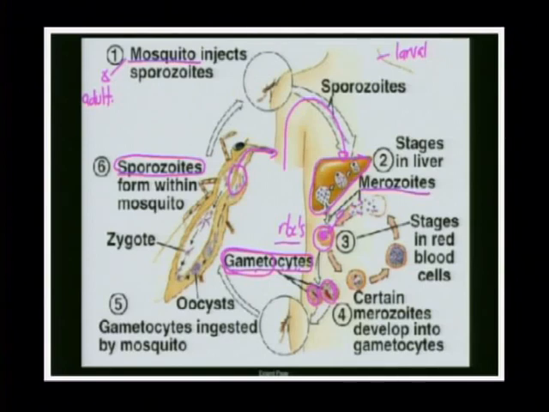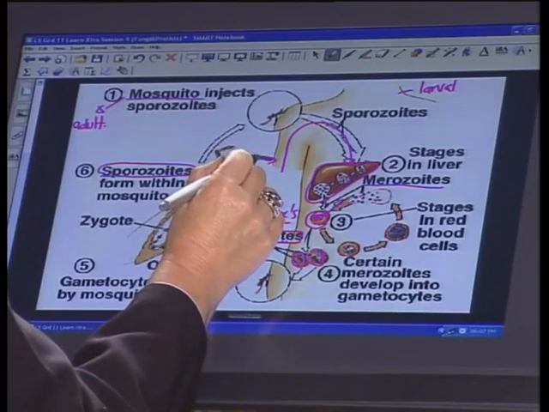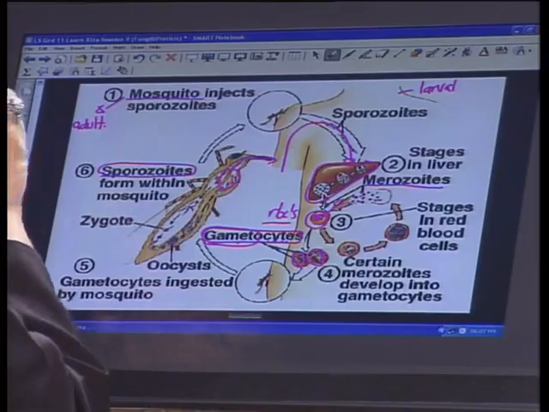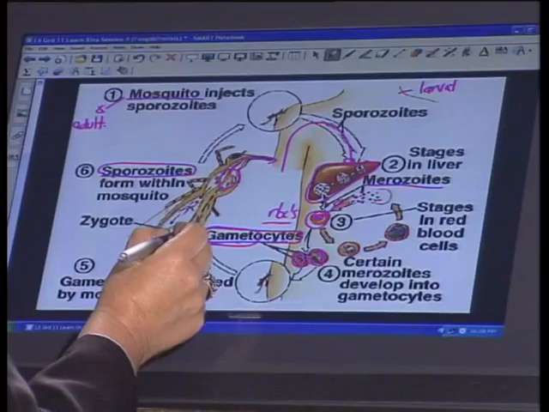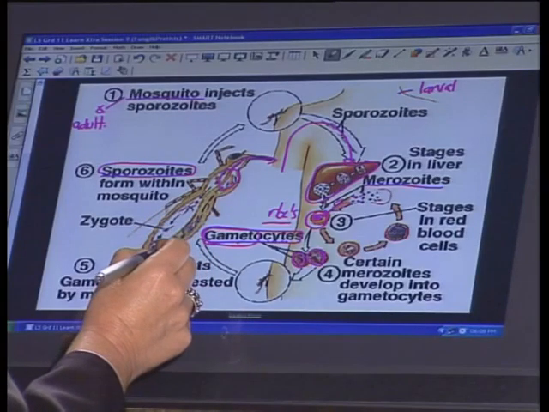Until another female Anopheles mosquito comes along, uses her long mouth parts to pierce your skin. She injects her saliva, and as she sucks out your blood, she will suck out these gametocytes with it. The gametocytes travel through the mosquito's gut and reproduce.